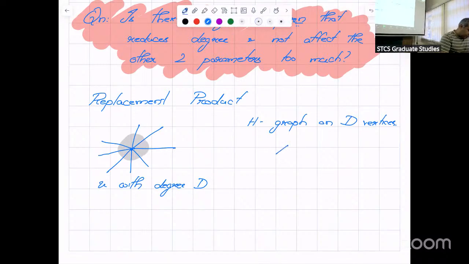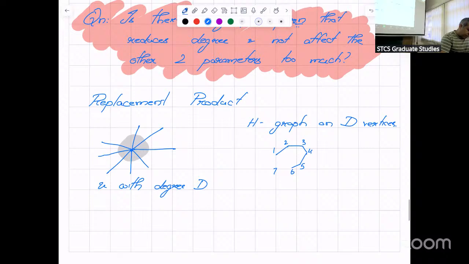H is some graph on, say, 8 vertices. What we'll do is we'll think of this cloud and put this 8 vertex graph over here.